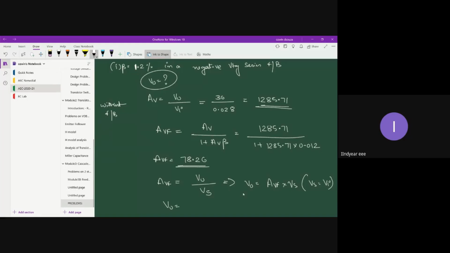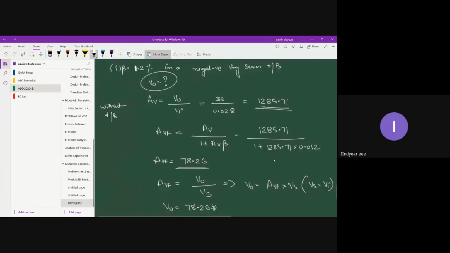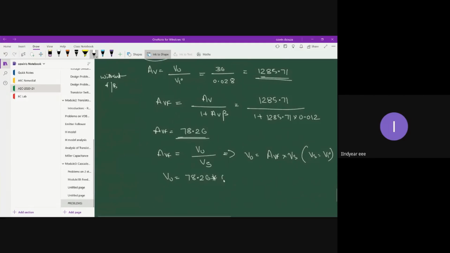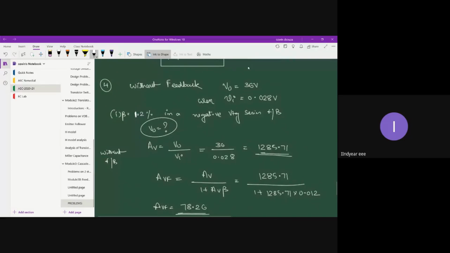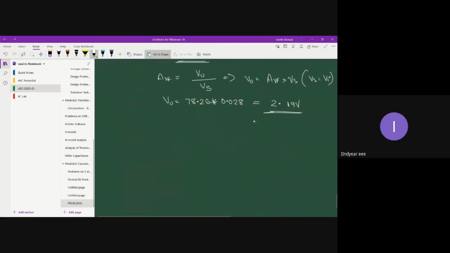So V naught is equal to AVF, that is 78.26, into Vs, which they have already given as 0.028. That will give you an output voltage of 2.19 volts. You can clearly observe that without feedback, the output would be at 36 volt level. Now with feedback, the output has dropped down to just 2.19 volts. So that is your problem number 4.